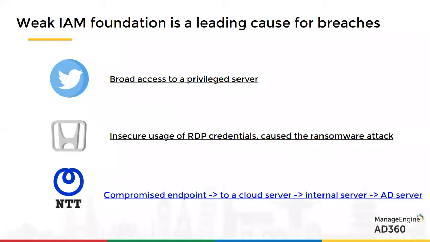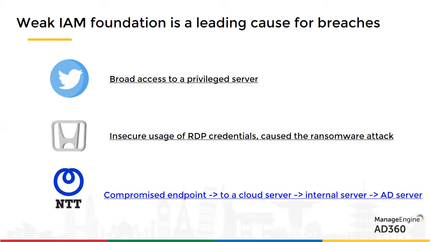Honda and NL group of companies were breached because they were subject to a snake ransomware attack. And the reason that happened was because the RDP credentials of end users or endpoint machines were not used securely. Users probably used these credentials on a public Wi-Fi. Someone somehow got access to the user credentials.